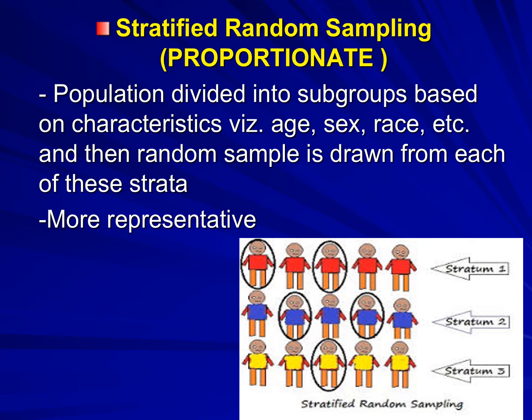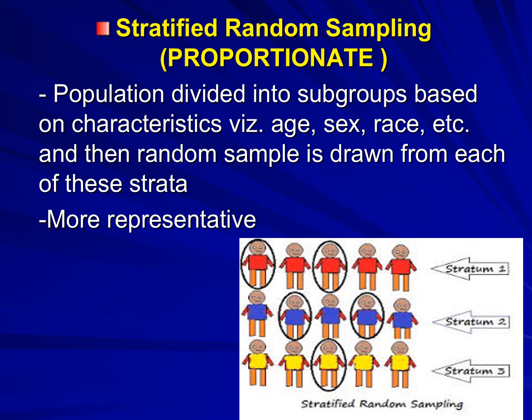But if your population is heterogeneous and has some strata, like in terms of age groups, sex, race, or any characteristic, if there is a stratification, stratified random sampling is the ideal method.